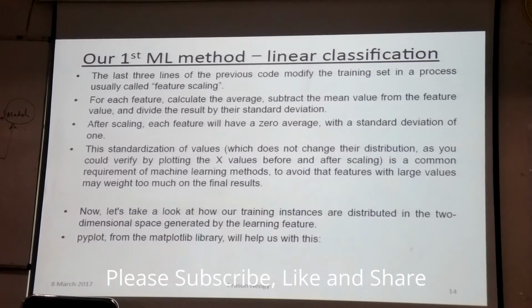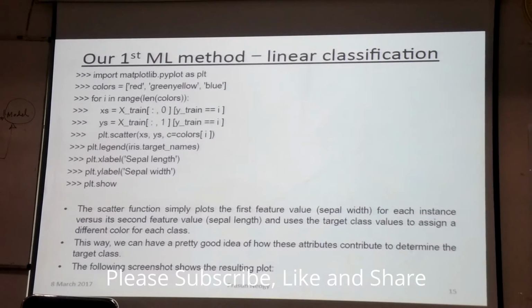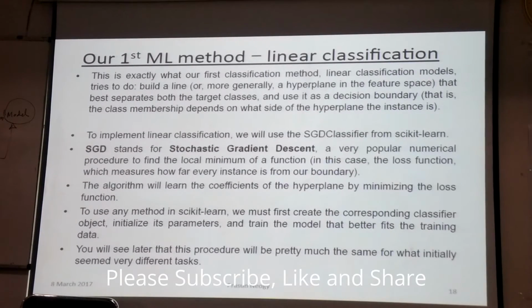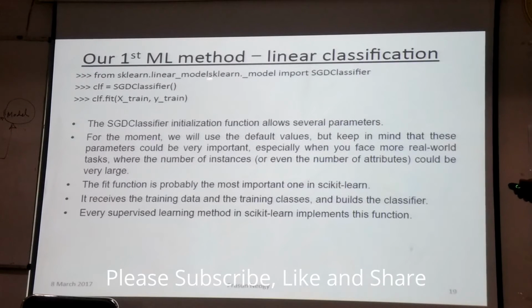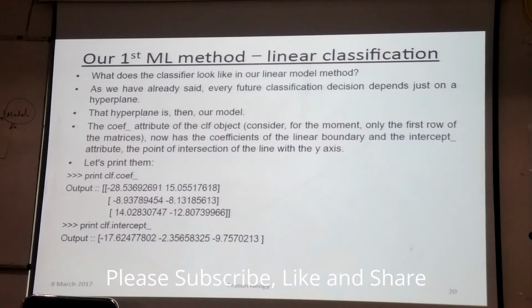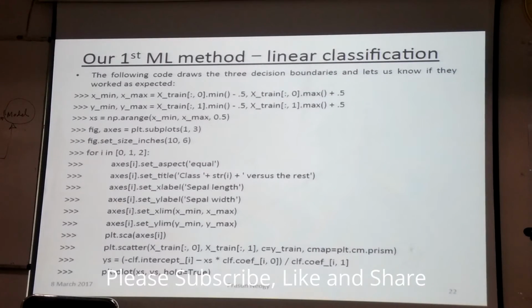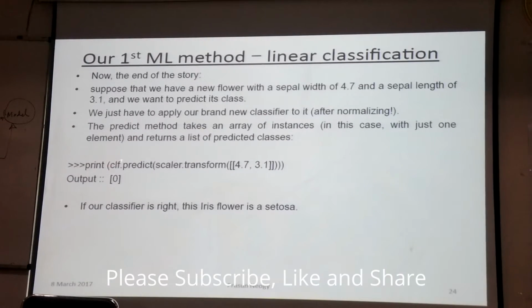Then the next part is very simple. Forget about this part. This plotting may not be required, but this part is important. From this you import a particular classifier or an algorithm, instantiate it, fit the data, and then you use to print either the coefficient or intercept, and then predict it by writing like this, clf.predict.